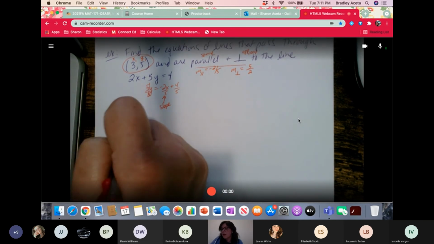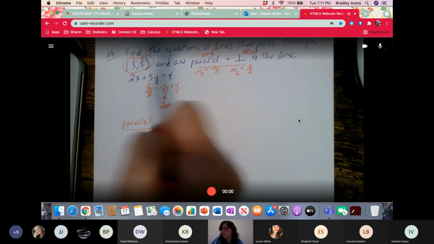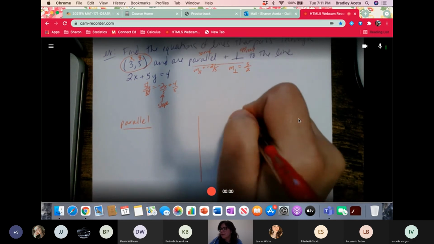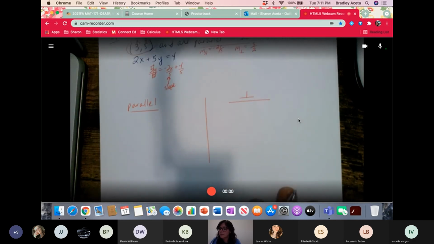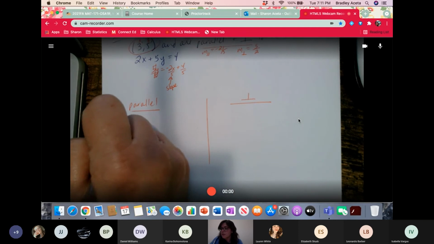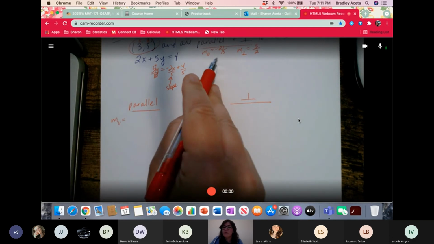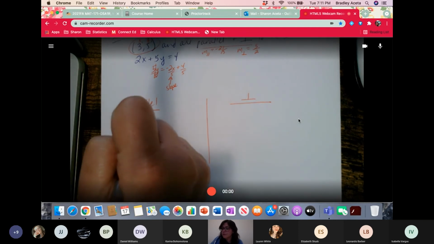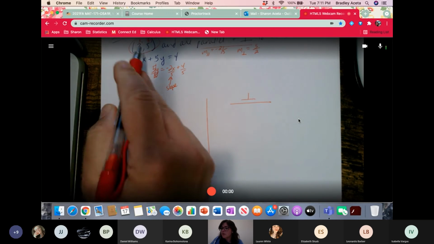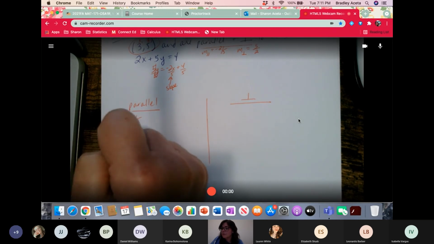So I'll start with the parallel one. And then over here, we'll do the perpendicular. So my parallel slope, negative 2/5. My x1 was 3, my y1 was 5.